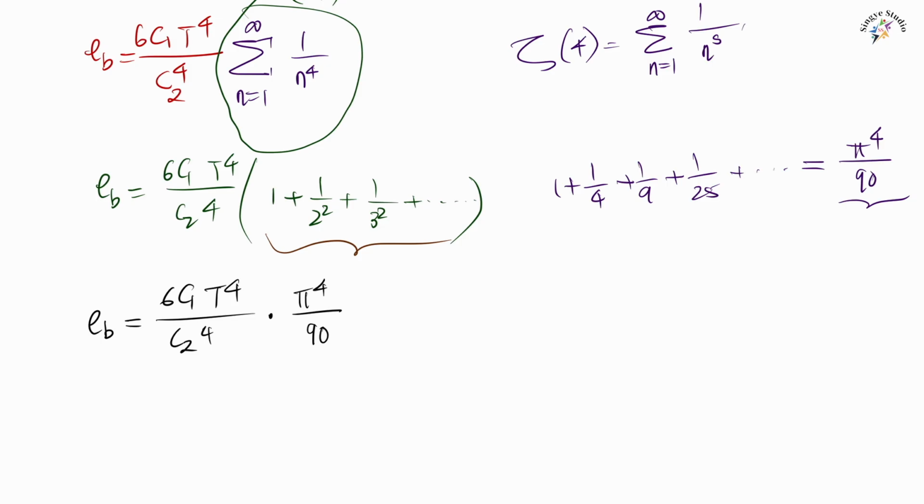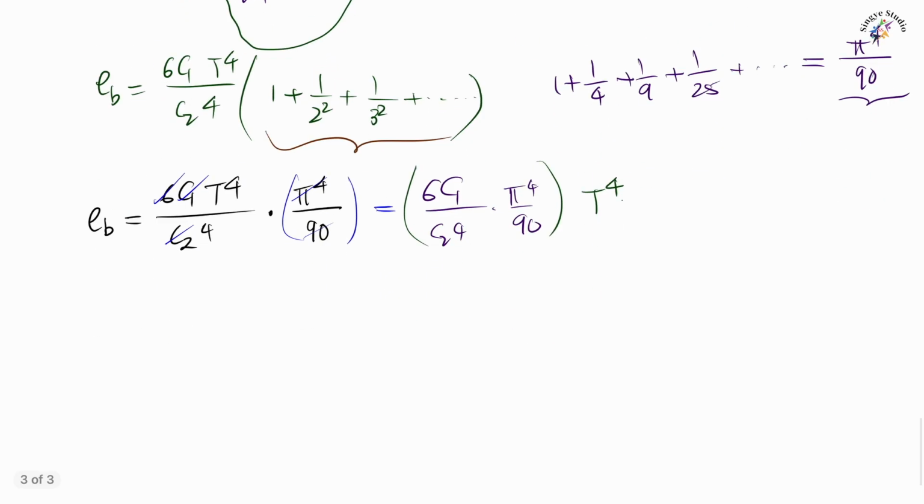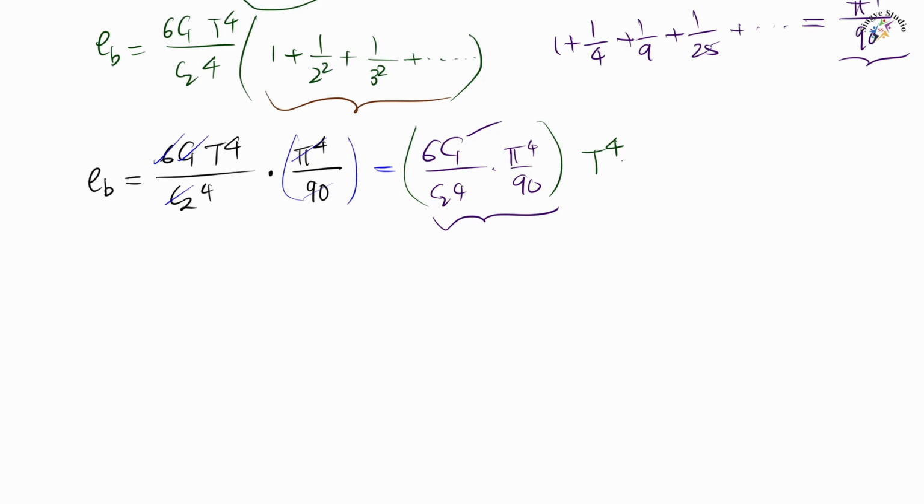Here you can see that almost all the terms are constants. 6 is a constant, C1 is constant, C2 is constant, and pi and 90 are constants. So you can collect all these constants together and say 6 C1 by C2 to the 4 times pi to the 4 by 90, like this, times T raised to 4. And then this has the value of C1 times pi to the 4 by C2 to the 4 times 90.